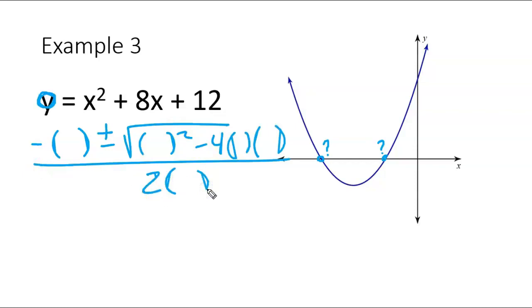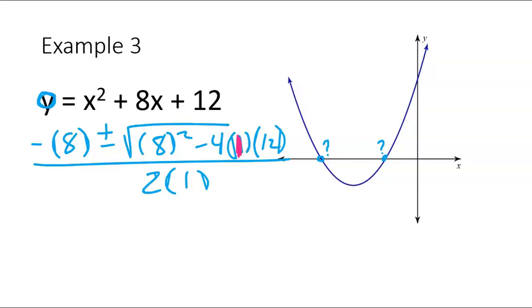Okay, so we're going to plug in our b value, our a value, and then our c value. The a is 1. There's just a lot of extra scribble in there, so it looks confusing.